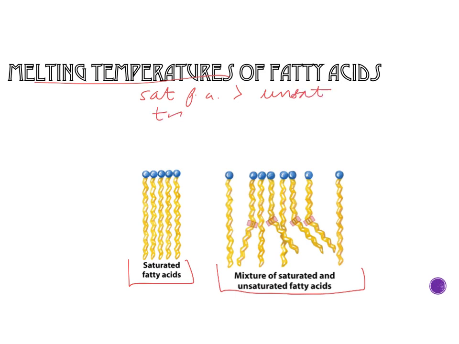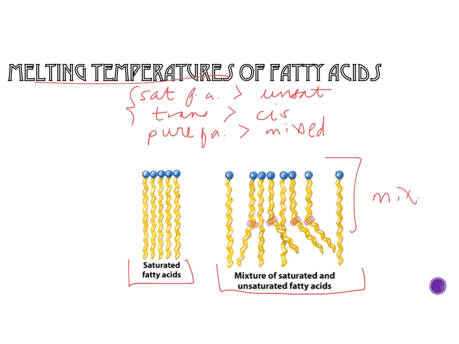And trans, in general, have a greater melting temperature than cis fats. And then a pure fatty acid mixture is greater in melting than a mixed. And for example, this is a mixed or a mixture.